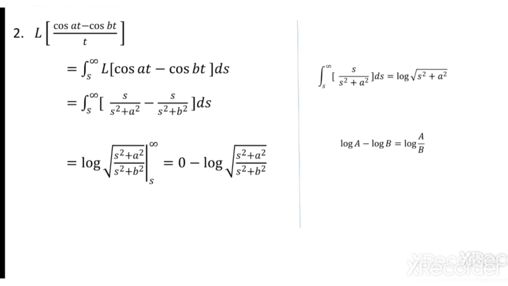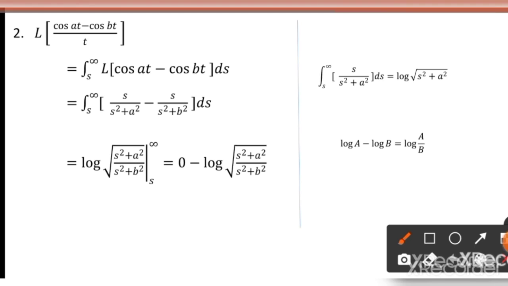Now I apply the limit s to infinity, with upper limit infinity. If I apply the limit directly, I'll get infinity plus a square, which is infinity. So first simplify by taking s square common: 1 plus a square by s square, then allow s to tend to infinity. So a square by infinity is 0, because anything by infinity is 0, leaving 1 plus 0, which is 1, and 1 by 1. The denominator also behaves the same way. So it is 1, and log 1 is 0.